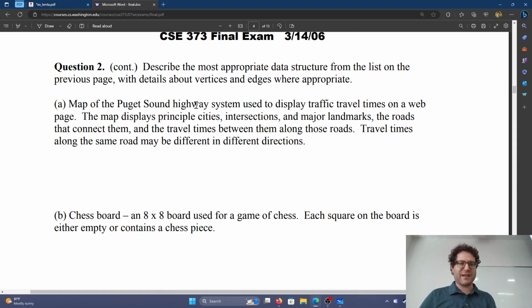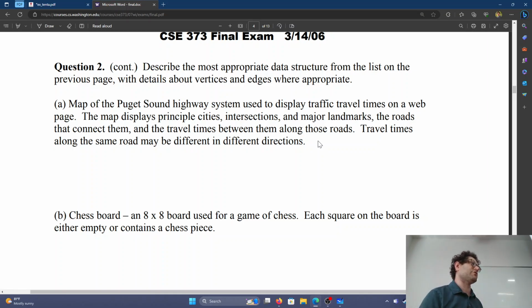The map of the Puget Sound highway system is used to display traffic times on a web page. The map displays principal cities, intersections, and major landmarks, the roads that connect them, and the travel times along those roads. Travel times along the same road may be different in different directions.